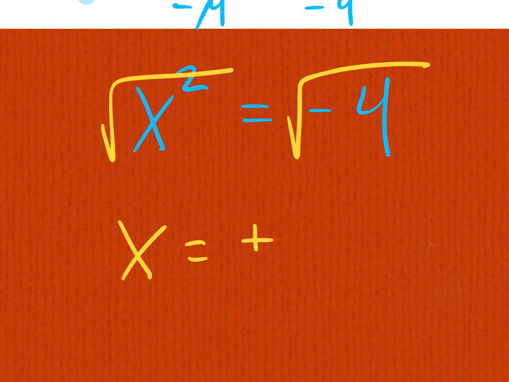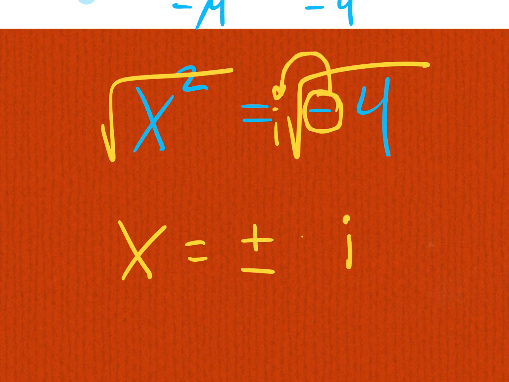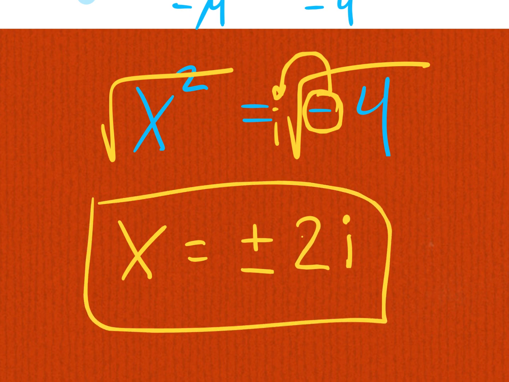Plus or minus. Well, what's the negative turn into? An i. We want to take it out and turn it into an i. And then what's the square root of 4? 2. So our answer would be plus or minus 2i.